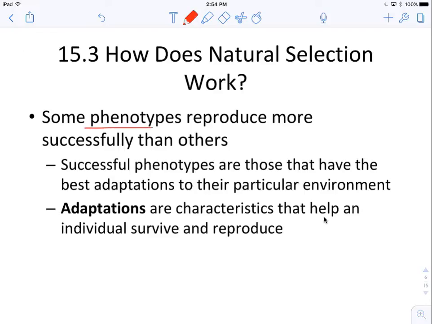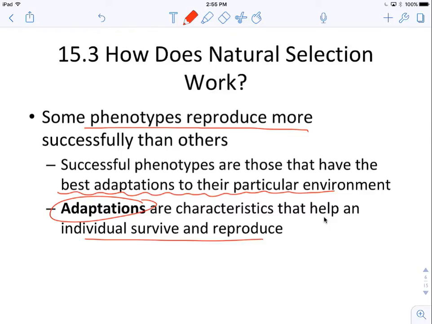Some phenotypes reproduce more successfully than others, and those are the ones that have the best adaptations to survive long enough in that environment. An adaptation is a characteristic that helps an individual survive long enough to reproduce.